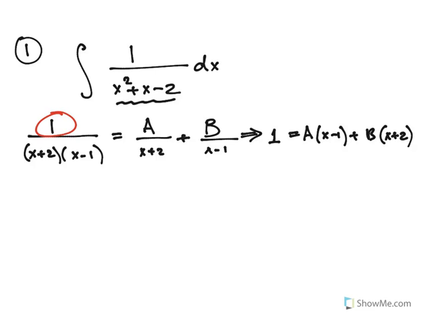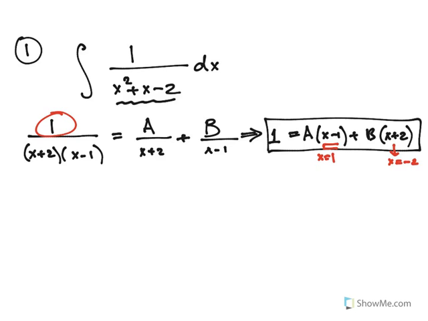It's exactly the same thing. Okay, so then I'm going to do this. What makes this expression right here 0? x equals 1. What makes this 0? x equals negative 2, right?